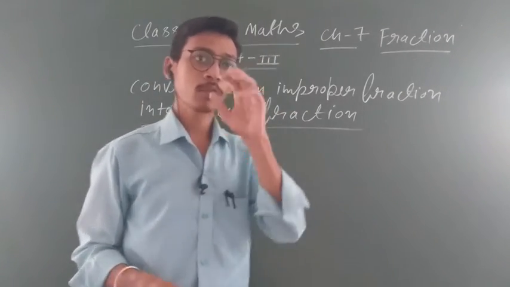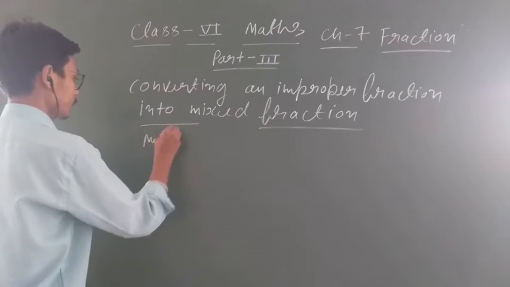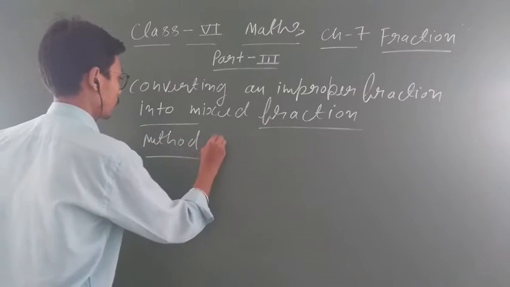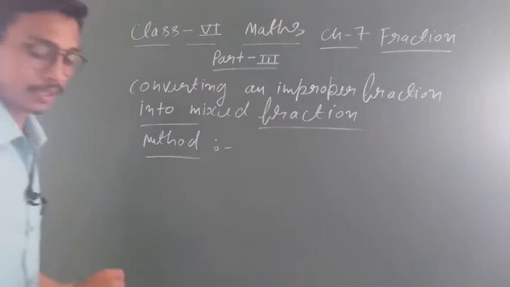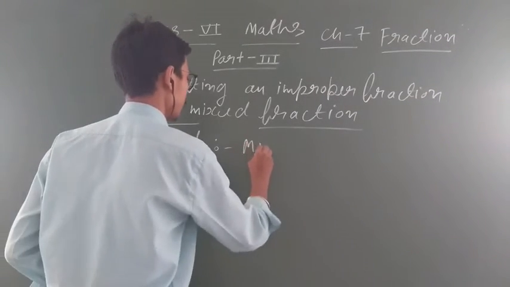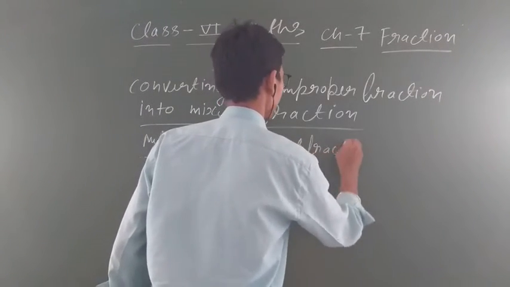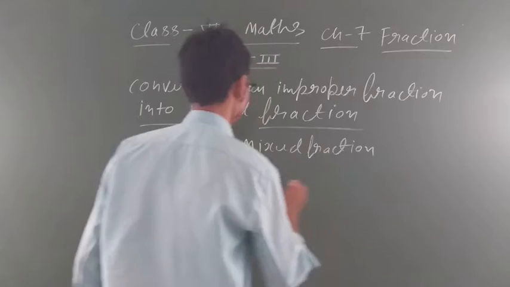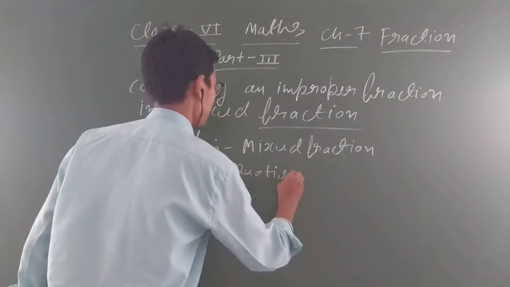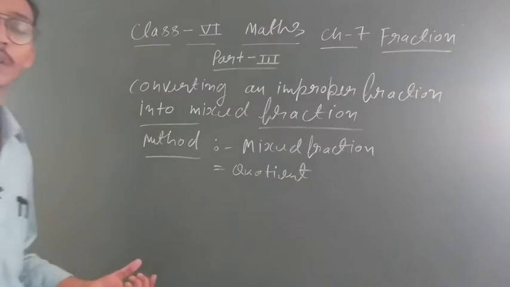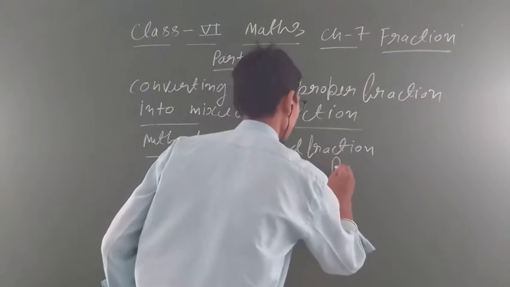Okay students, for this there is a method. This is a very easy method. You will write down: mixed fraction is equal to quotient, remainder upon denominator. Everyone knows about quotient?